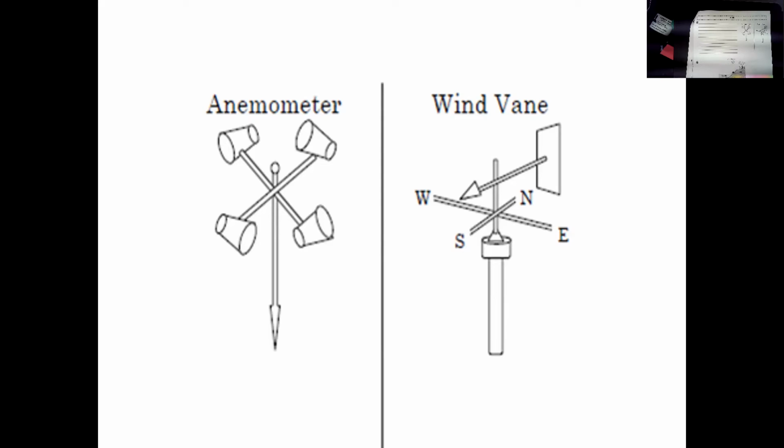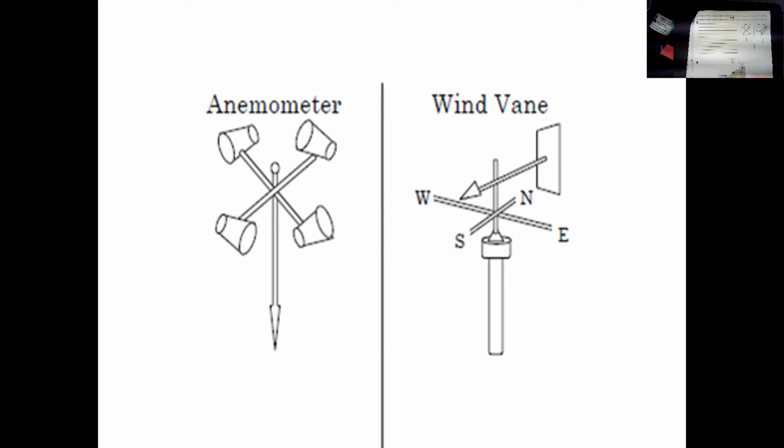And you need to know what those instruments do. Thermometer measures temperature. Barometer measures pressure. Sling psychrometer can be used to determine dew point and relative humidity.